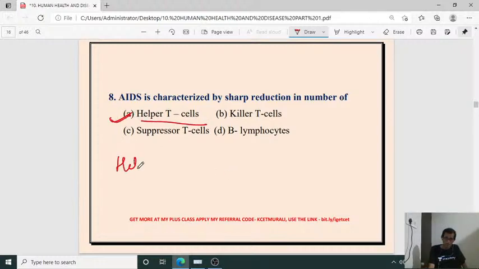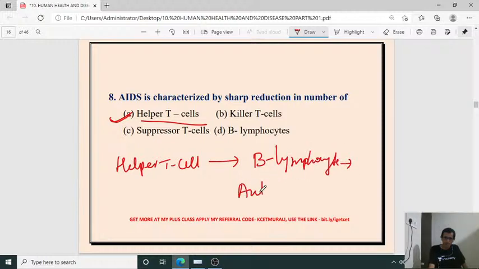Because helper T cell guides the plasma cell, or B lymphocyte, to produce antibody. Helper T cell provides information to the B lymphocyte to produce the antibody against that particular HIV pathogen.